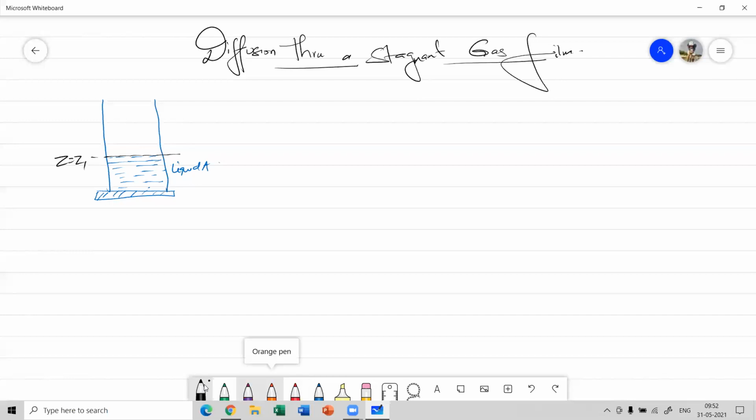In the upper part we have a gas, and there the surface is Z equal to Z2.